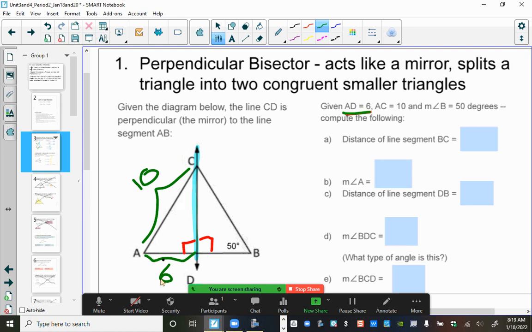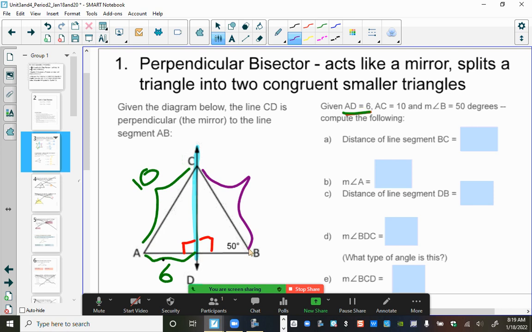All right, so first plot segment BC. Where is BC located? Well, BC is located over here. Now, what side does BC mirror, or what side does it reflect?